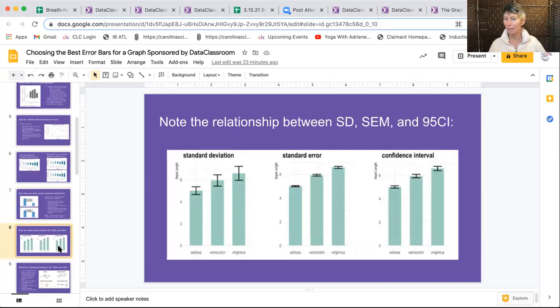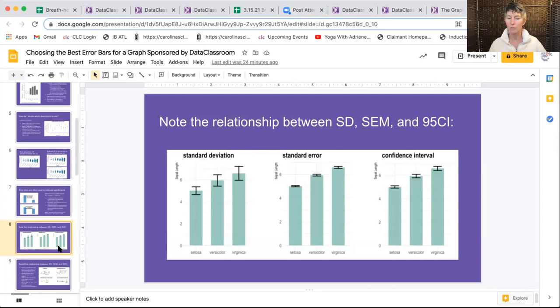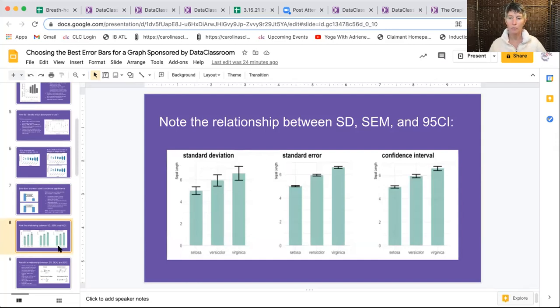So just to back that up, remember that the relationship between standard deviation, standard error of the mean, and the 95% confidence interval is something that can be taught to students both in a visual form as well as in a numeric form.